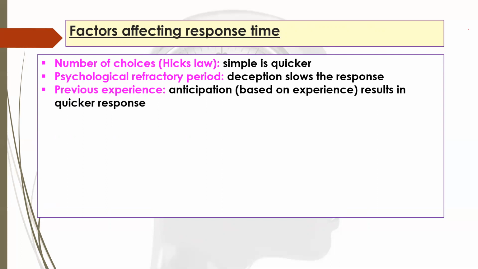Previous experience, so this is linked into this anticipation idea that we were looking at. So generally it's based on that experience that results in quicker response. If you've got experience of something, whether that's within a game that's been going on a long time, or you're a more elite athlete and you've prepared for it, studied videos, for instance, of opponents taking goal kicks, that previous experience will lead to a quicker reaction time or a quicker response time.